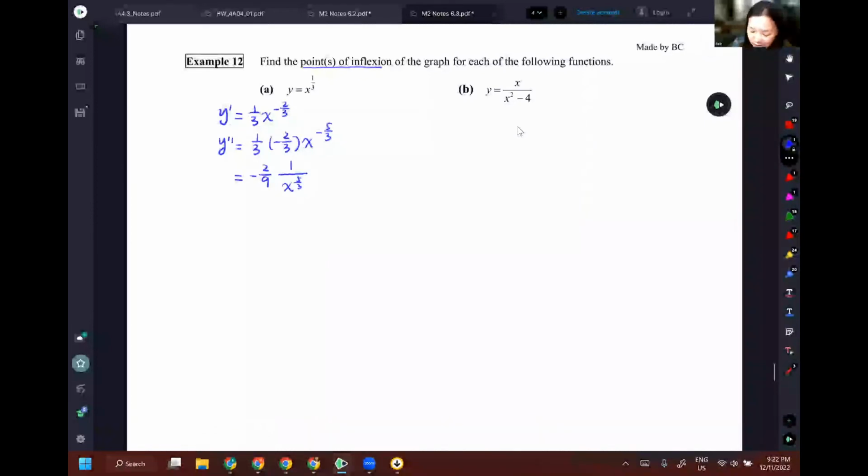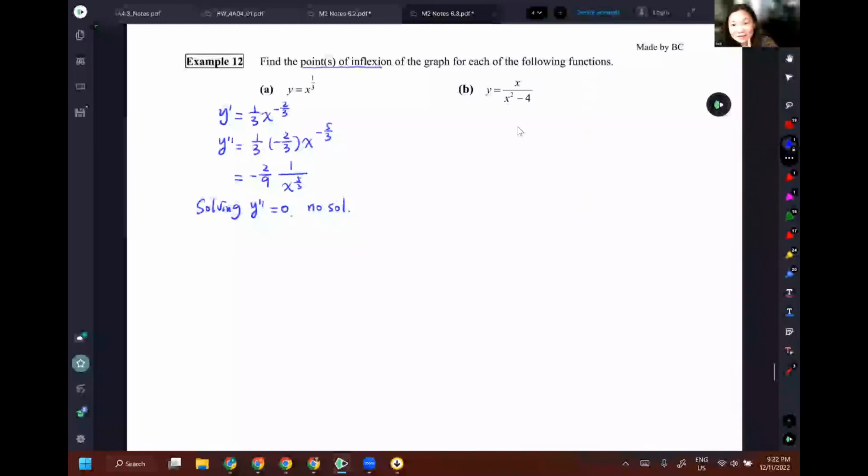You see, if you solve y prime prime equals 0, you will have no solution, because this fraction can never be 0. But does that mean there are no points of inflection? I don't think so.